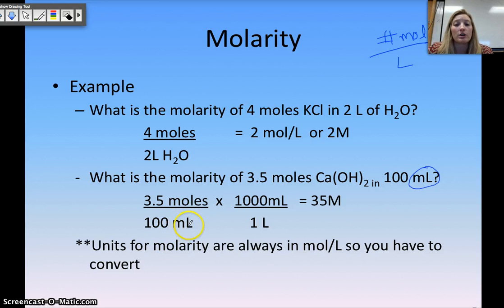So we can just convert to do that. We know that there's 1,000 milliliters in 1 liter, so our milliliters would cancel out, and the units that we have left are moles over liters, which is equal to big M. So again, multiply across the top, divide across the bottom, and you get 35 molar, or 35 molarity, big M. Units are always in moles per liter, so you might have to convert in order to get it to that.